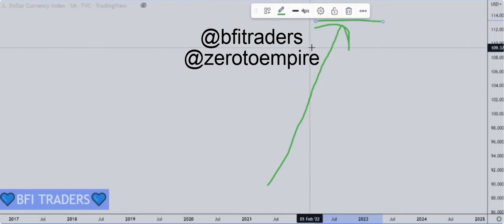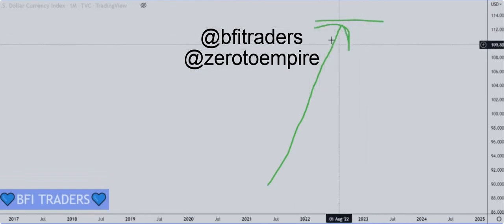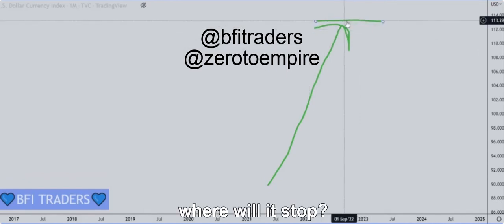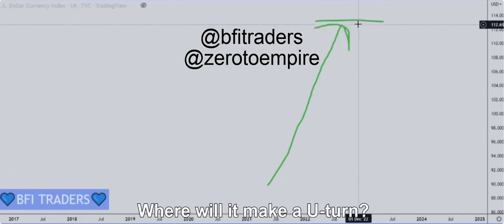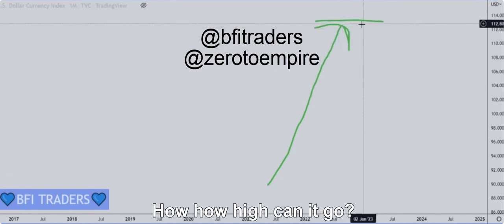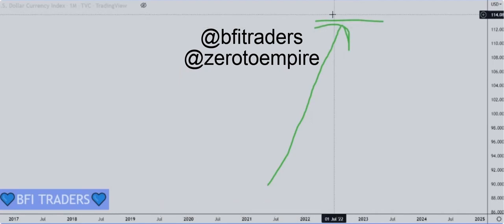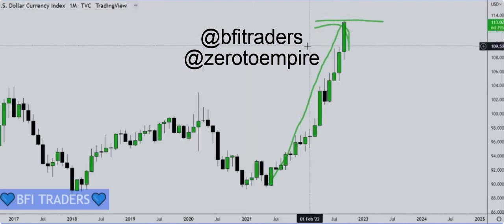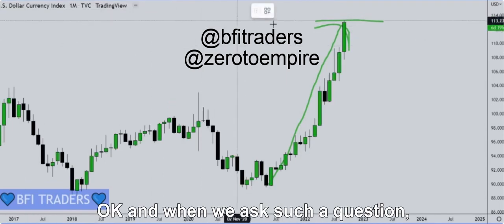We trade our analysis. But the real question here, where will it stop? Where will it make a U turn? How high can it go? Maybe this is cheap. Maybe this is expensive, right?